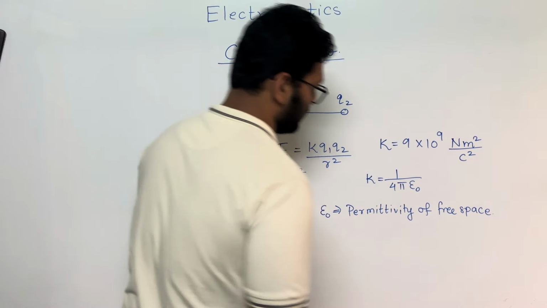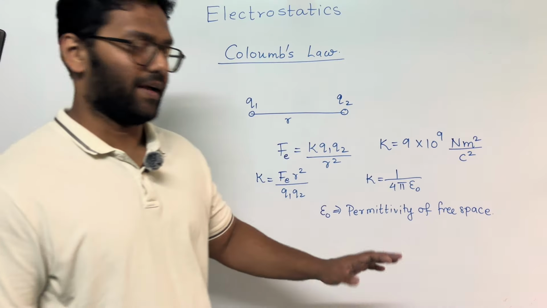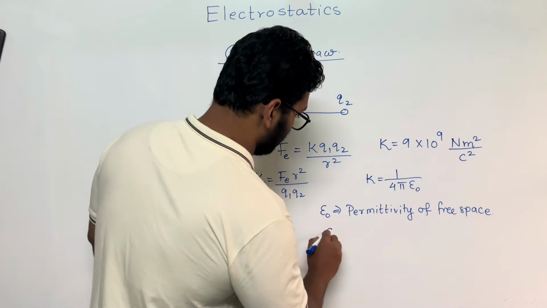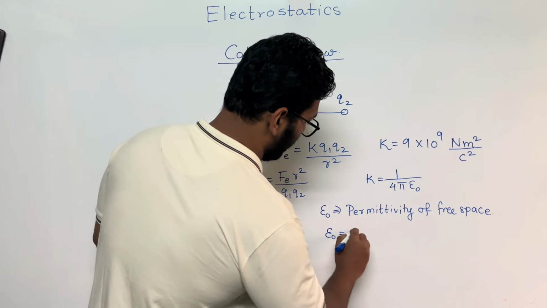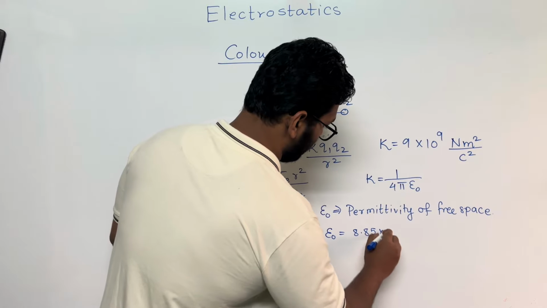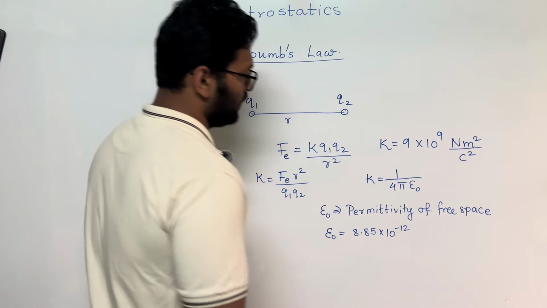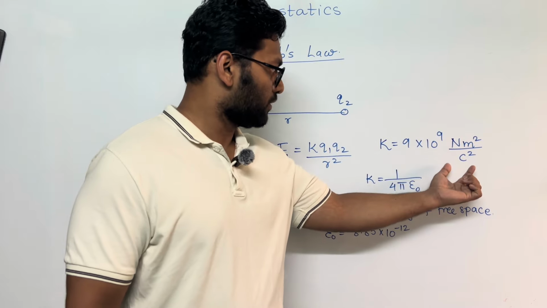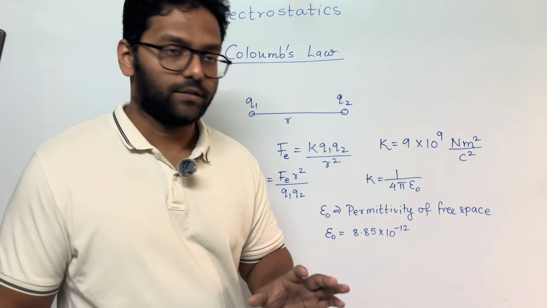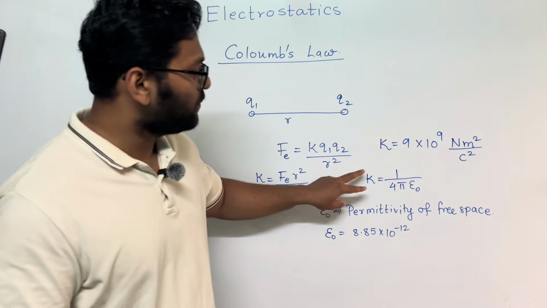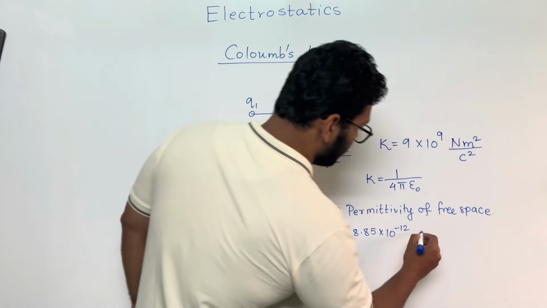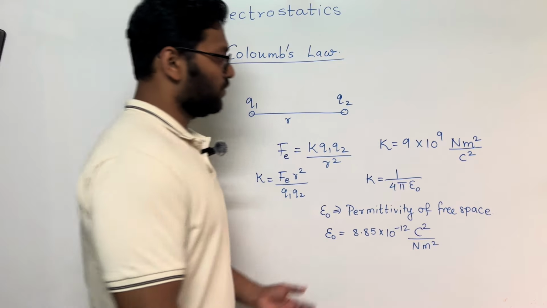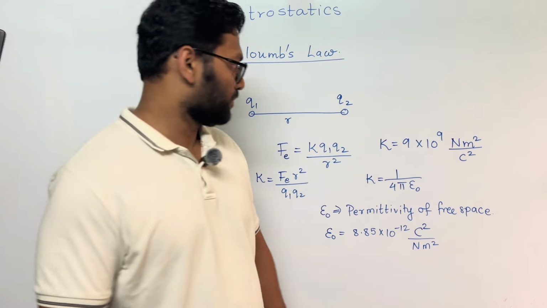The value of epsilon naught is 8.85 into 10 to the power minus 12. k had a unit Newton meter square per Coulomb square, and 4 pi will not have any unit, so the unit of epsilon naught will be the inverse of this: Coulomb square upon Newton meter square.